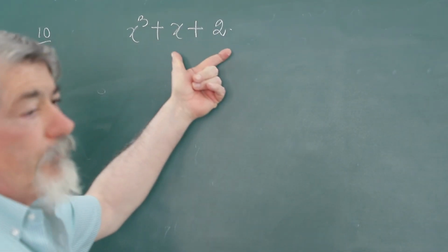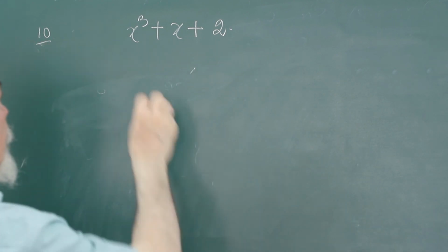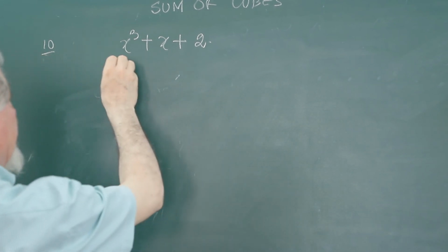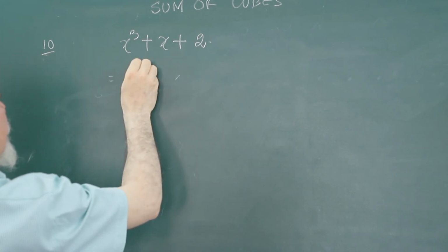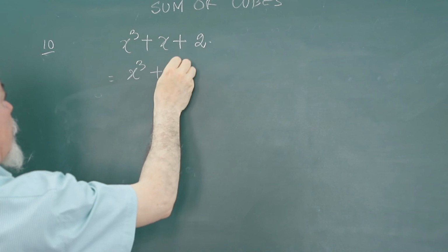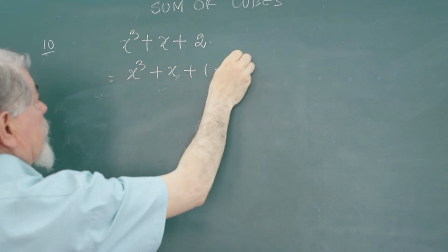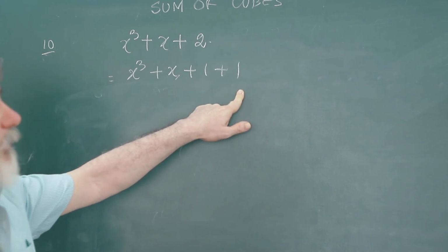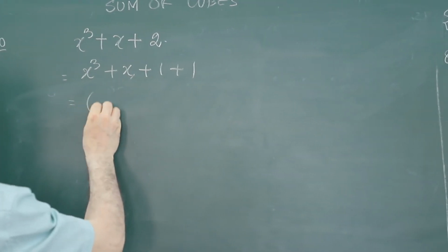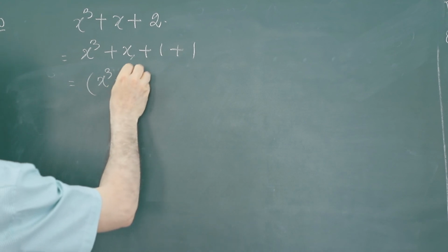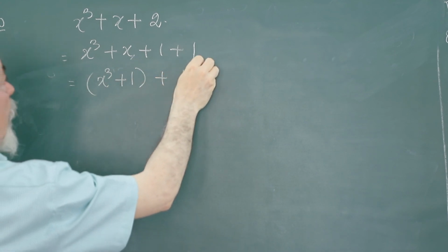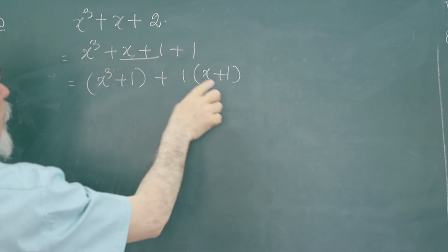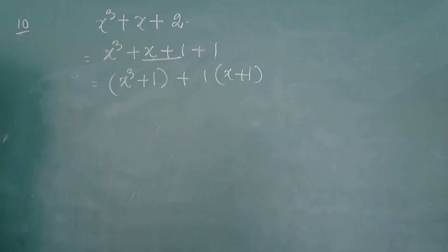Now instead of adding anything, like in the previous question where I added 5 and subtracted 5, again I don't see x cubed plus x as a cube, so I break 2 up as 1 plus 1. X cubed plus 1 I'll combine, and plus 1 x plus 1, this I combine as x plus 1.